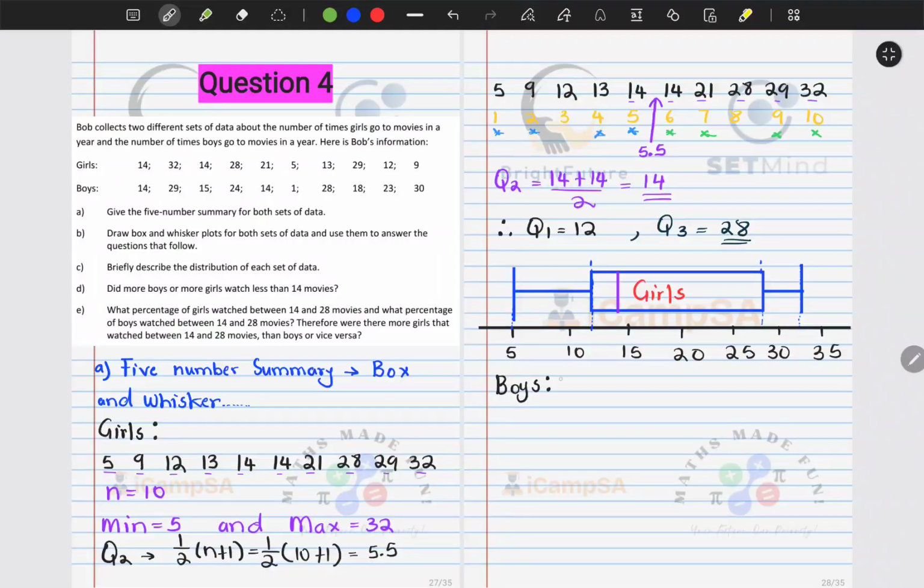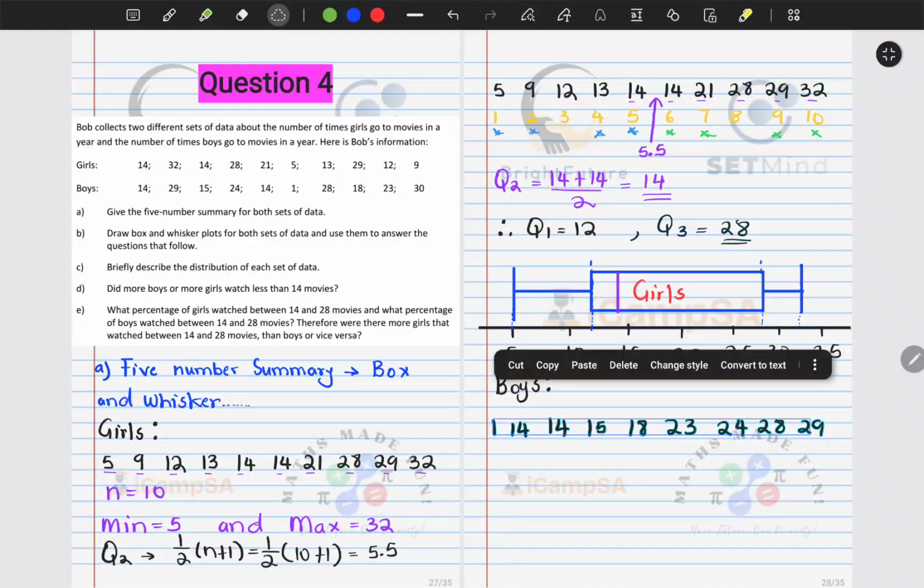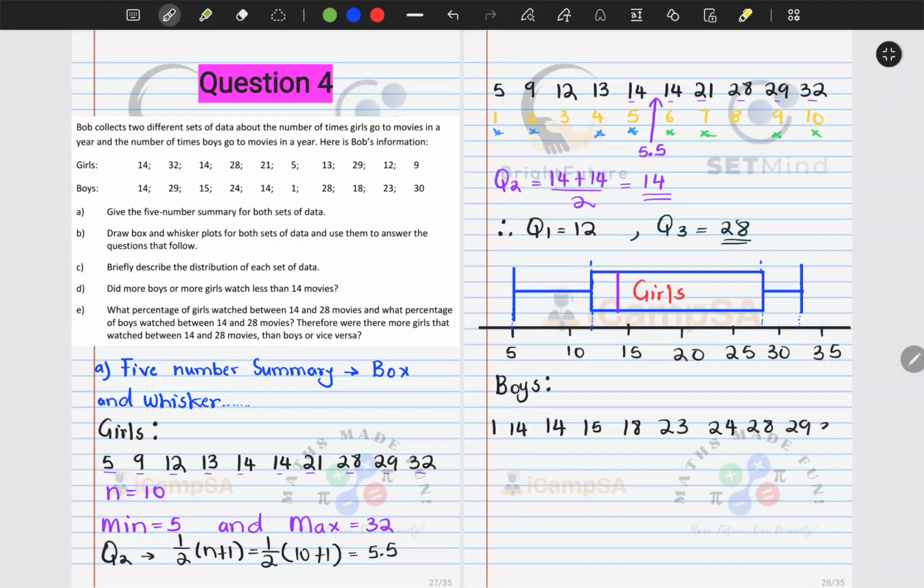If you observe carefully for boys, you'll see that we will end up with 1, 14, 14, and then 15, 18, 23, 24, 28, 29, and 30. So let's make some space. Okay. So that is what we end up getting for boys.